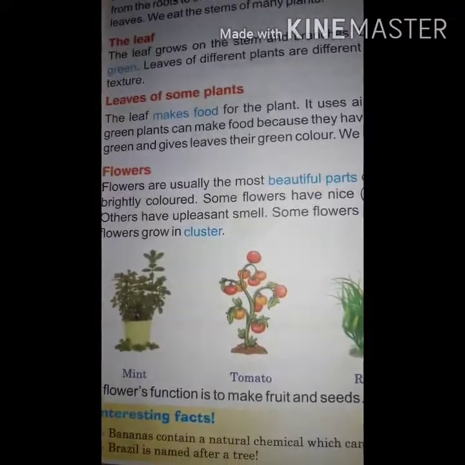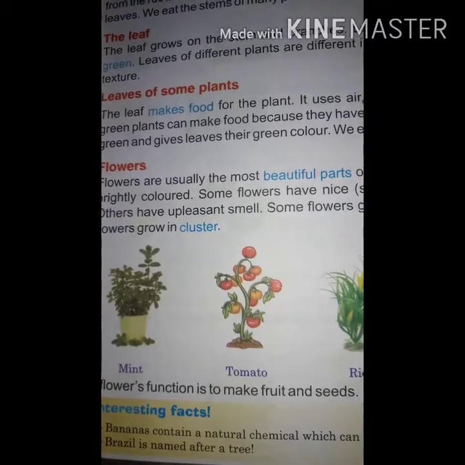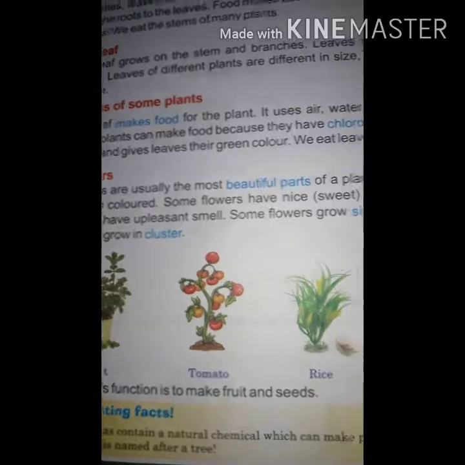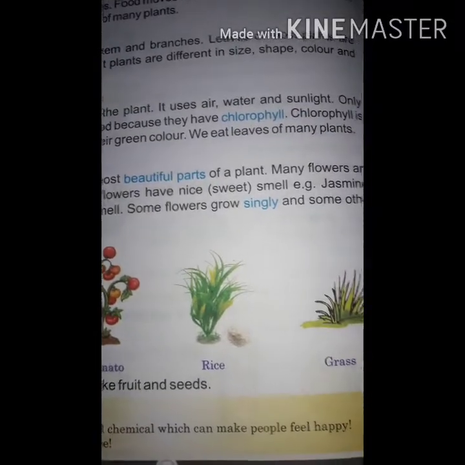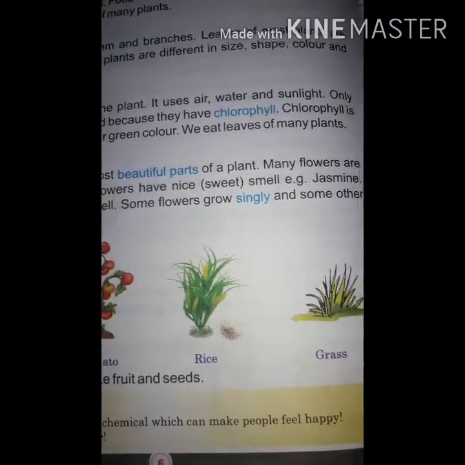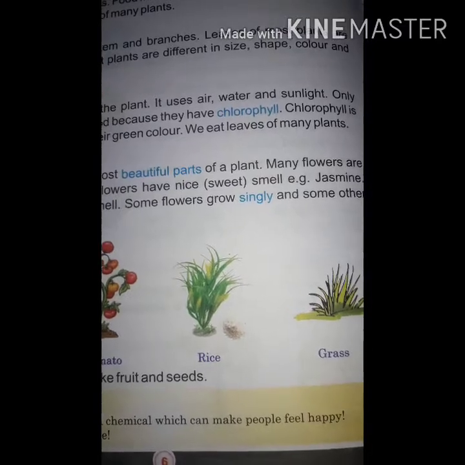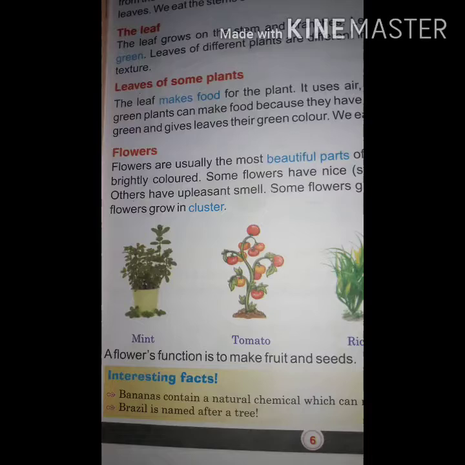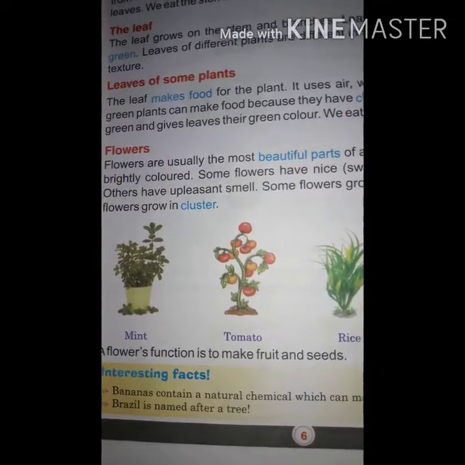The leaf. The leaf grows on the stem and branches. All of you know well about leaves. They grow on the stem. Leaves of most plants are green.